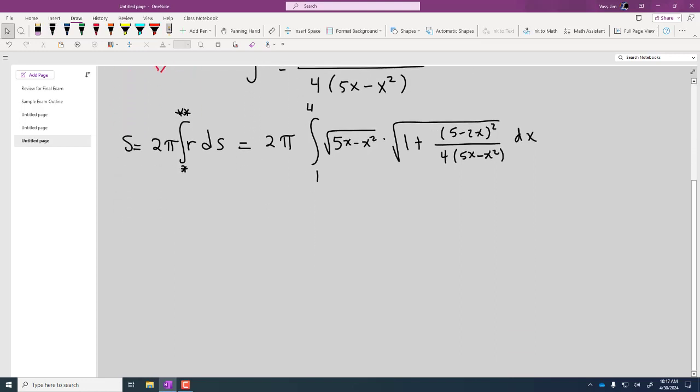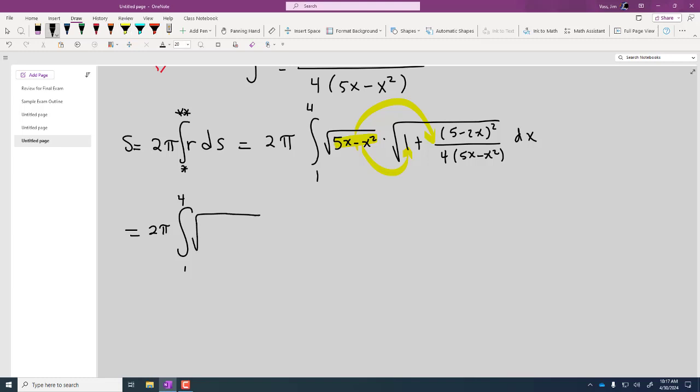So if we take two square roots and we multiply them together, we multiply the insides together, so this here gets multiplied by the 1, and it gets multiplied by this whole fraction. So we have a big, huge square root, and (5x minus x squared) times (1 plus ...), and over here it wipes that part out, right?